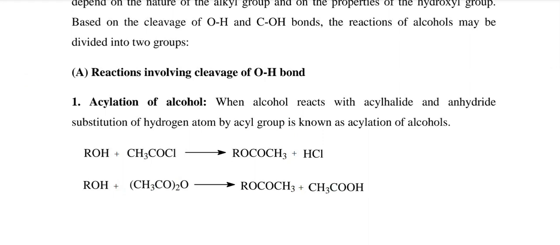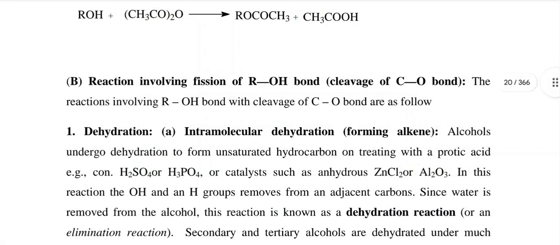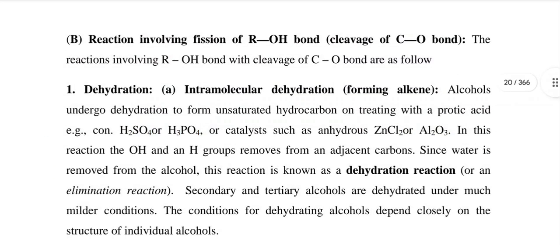Acylation of alcohol. When alcohol reacts with acyl halide and anhydride, substitution of the hydrogen atom by an acyl group is known as acylation of alcohol. Reactions involving fission of the R-OH bond. The reactions involving the R-OH bond with cleavage of the carbon-oxygen bond are as follows: dehydration, intermolecular hydration forming alkene.